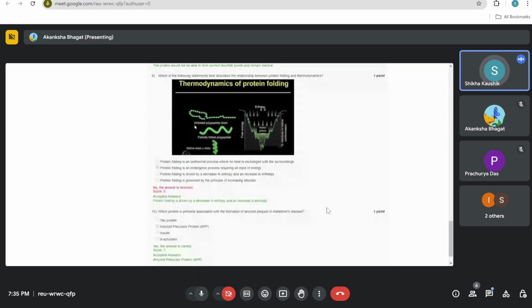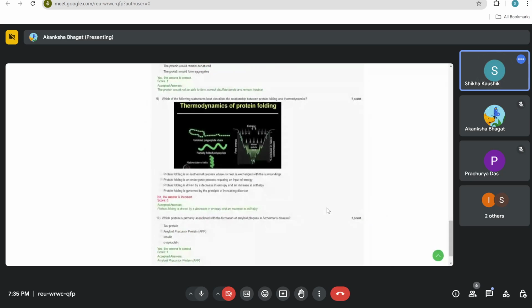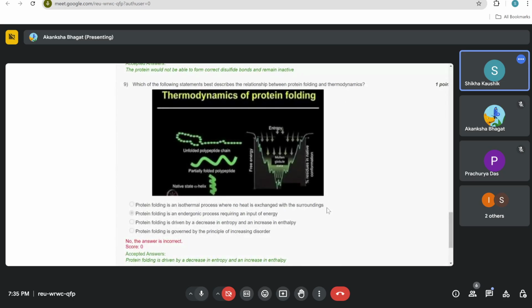Which of the following statements best describes the relation between protein folding and thermodynamics? Protein folding is an isothermal process where no heat is exchanged with the surroundings.